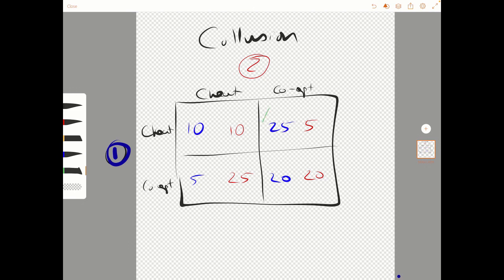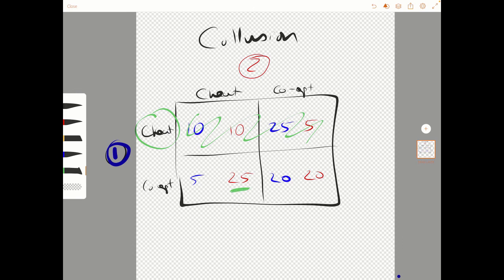The dominant strategy of firm 1: if firm 2 cheats, it's to cheat. If firm 2 cooperates, it's to cheat. So firm 1's dominant strategy is cheating. Firm 2, if firm 1 cheats, firm 2 should also cheat. 10 is bigger than 5.